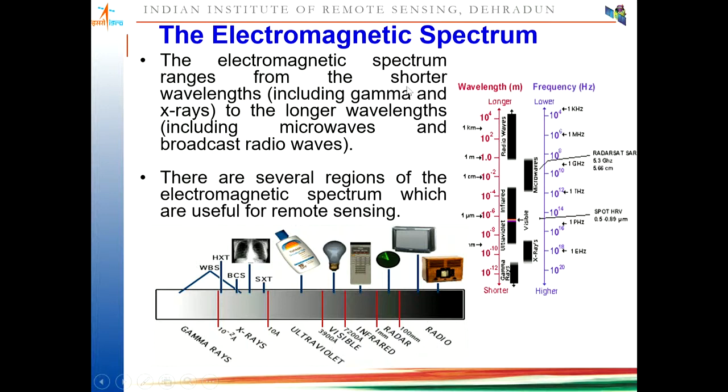So here the spectrum ranges from the shorter wavelengths, which also include gamma rays, X-rays, UV rays, and so on, to the longer wavelengths, including microwaves and communication waves, that is the radio waves. Now, from within these ranges, there are several regions which are useful for remote sensing.